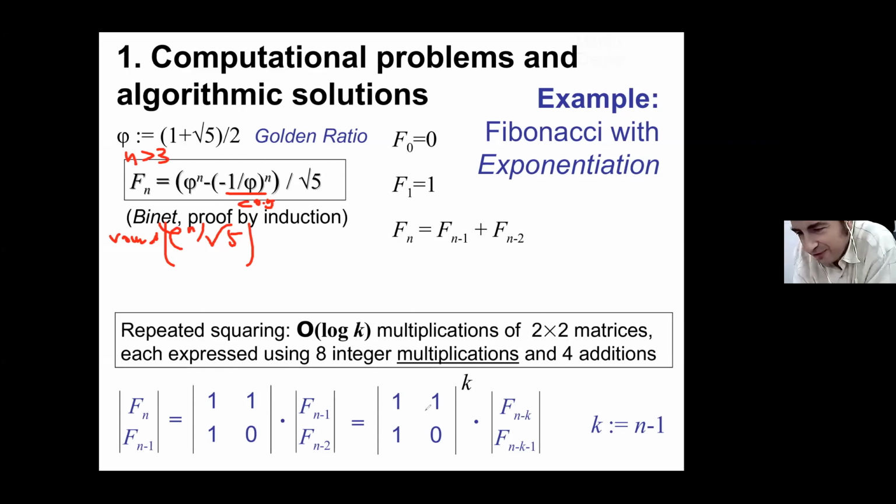Another way of seeing this: you have this explicit formula, and if you want, you can reduce the problem of calculating Fibonacci numbers to calculating powers of a real number. And if you want to be even shorter, the powering of a real number can be expressed as the exponential of n times the logarithm.